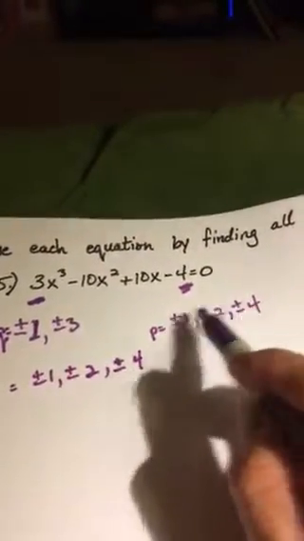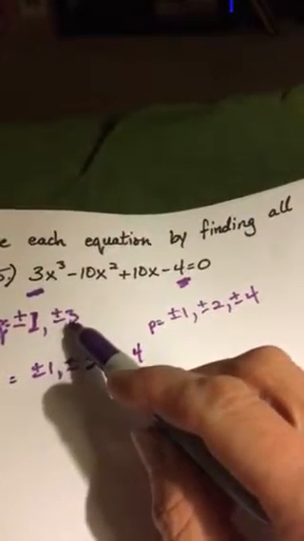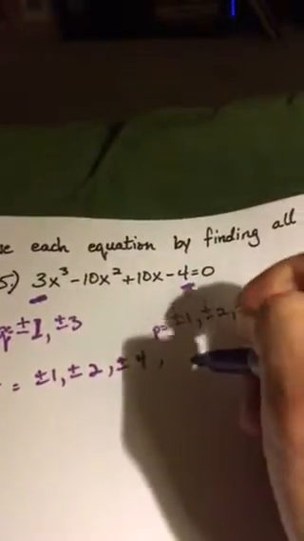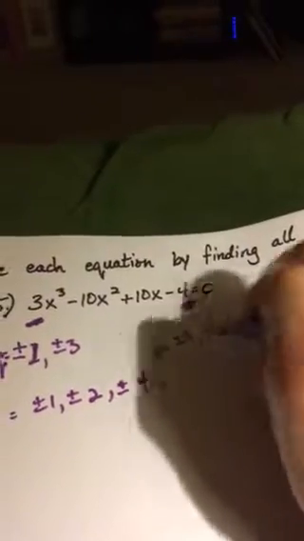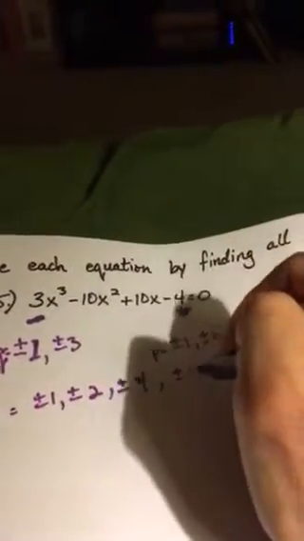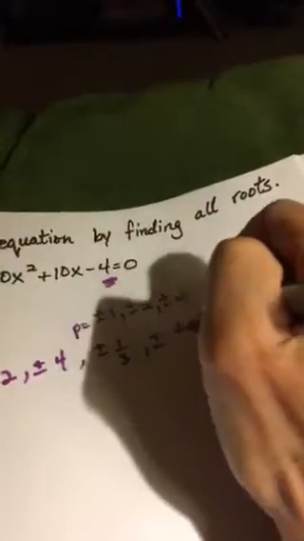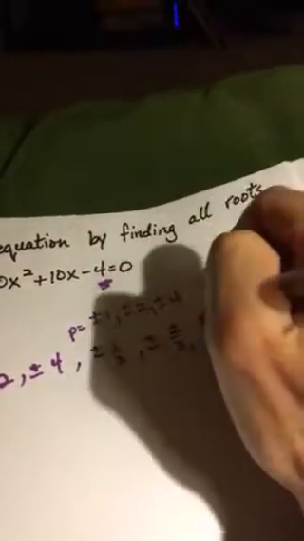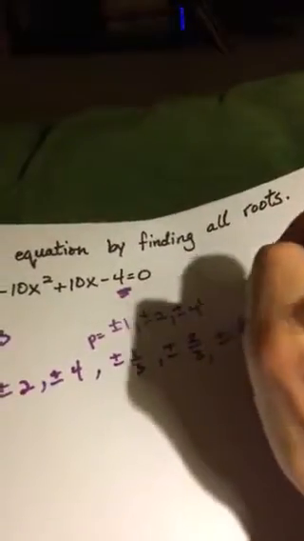But now we have to do all of these over the 3 because those are possible rational roots as well. All right, which kind of look messy. We're just hoping that's not one of them because that would be a mess. So we're going to do plus or minus 1 over the 3, 1/3, then plus or minus 2 over the 3, which is 2/3, and lastly plus or minus 4 over the 3, 4/3.